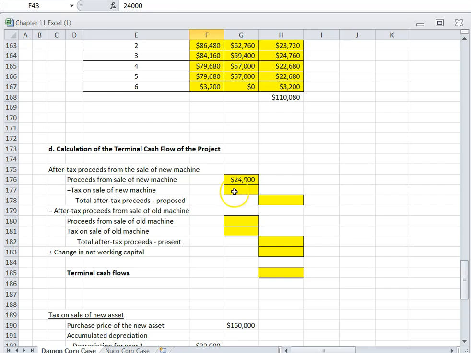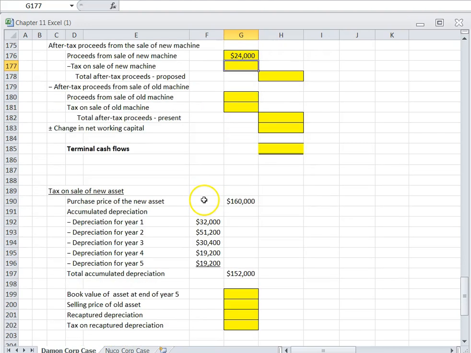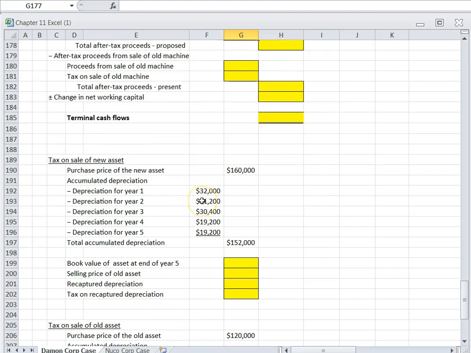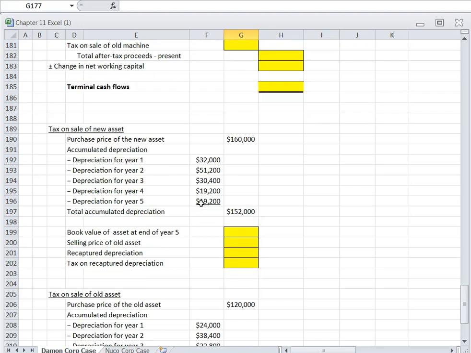Okay, the tax on the sale of the new machine. So to calculate the tax, what we're going to look at is, I think, what am I going to look at for that? I think I want to calculate that down here. Okay, so let's see, the tax on the sale of the new asset. So we have the purchase price of the asset here, and this I'm taking from F41, which is back up there, the purchase price, and then our depreciation schedule.